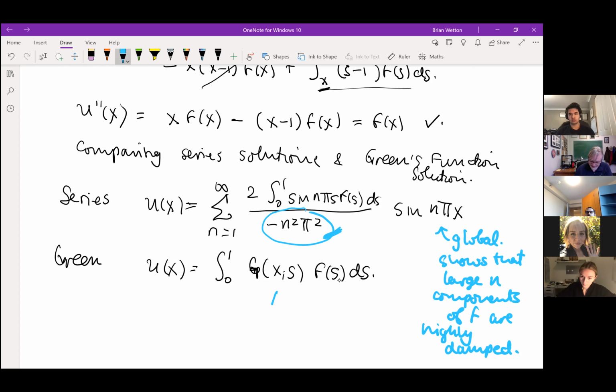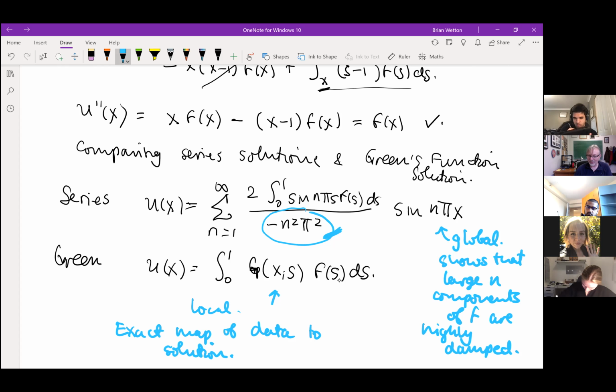What do we like about this one? This one does not give you that, right? But it's more of a local result. And it's the exact map of data to solution.